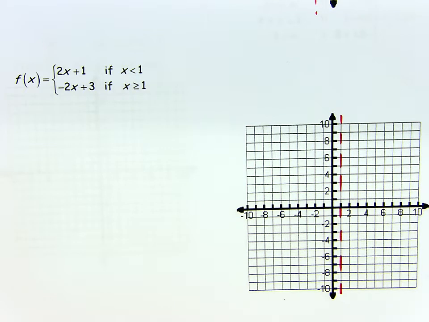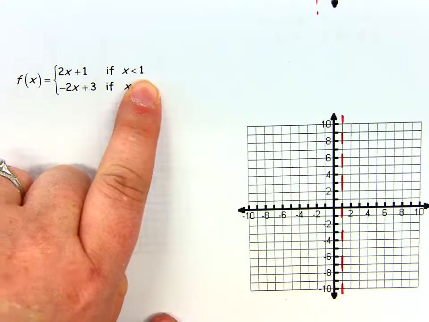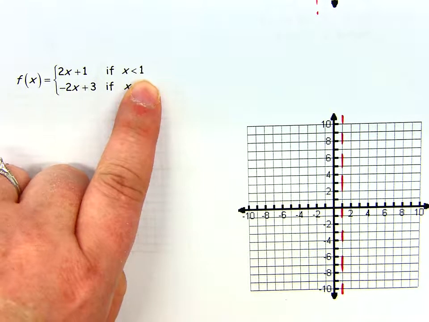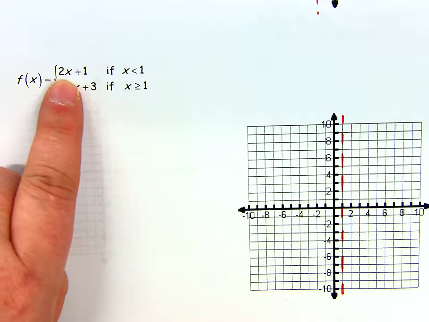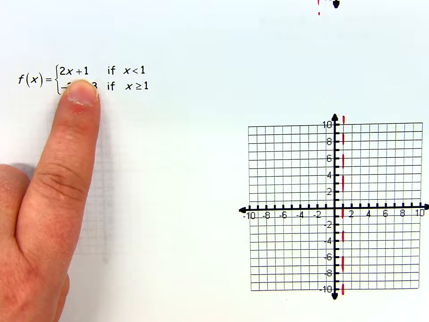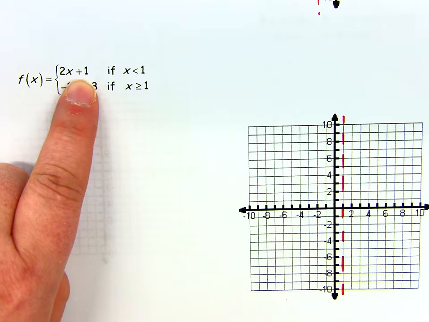Okay, so here's where I have to use a little bit of brain power to figure out where I even start. If I take my breaking point, which is 1, and I plug it into the function, 2 times 1 plus 1, what comes out? 3.